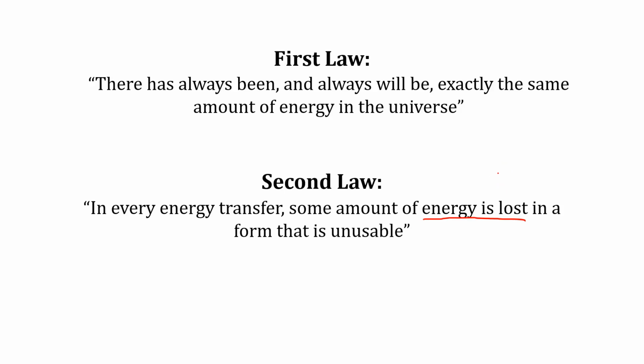Lost not in the sense that the energy is being decreased; it's just in a different form that can't be used to do work. It can't be used to move things, or to make chemical bonds, or any of the different stuff that living organisms would want to do with that energy.